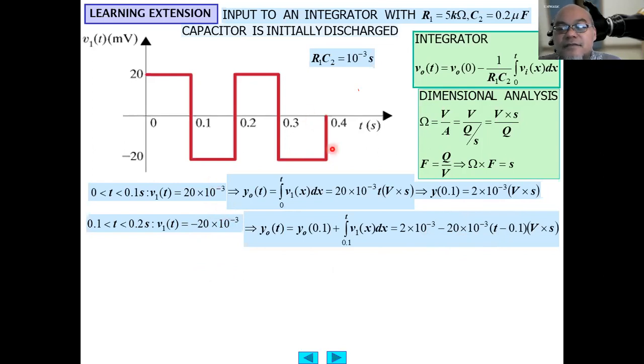Integral of t, and this is the constant. The constant is minus 0.1 from this time, because this starts from 0.1 second.